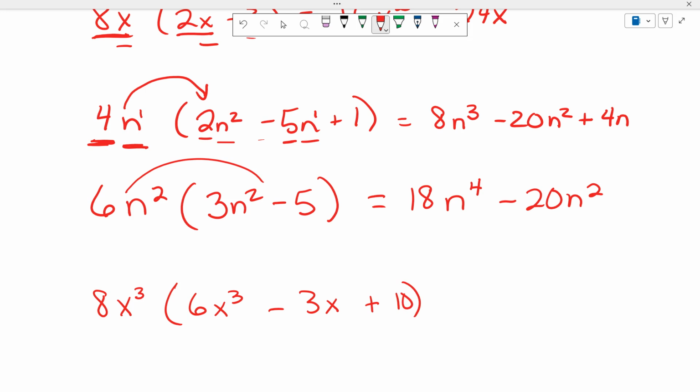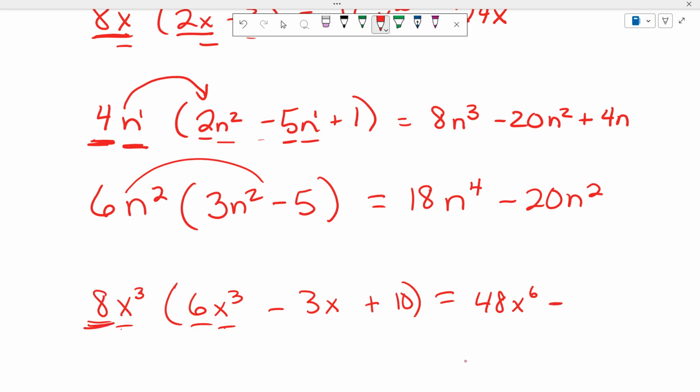All right, so 8x cubed times 6x cubed minus 3x plus 10. You take the 8 times the 6, and you get 48. And then you work with the variables of each. X to the third times x to the third, you add the exponents. So 3 plus 3 is 6. Then there's a minus sign.